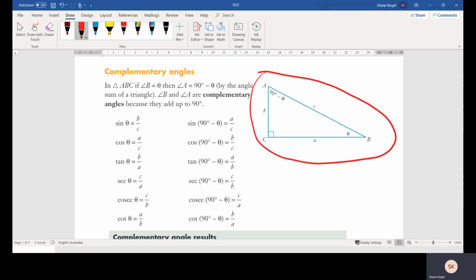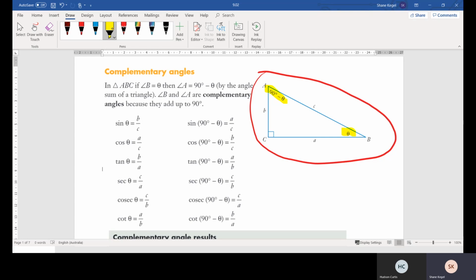We've got angle ABC, side ABC, which, remember, the little letter is always opposite the big letter. And therefore, if we have our angle in our unit circle of theta, and this is a right angle, that's 90 degrees. So theta, or the angle in the bottom corner, plus the angle in the top corner must equal 90 to make sure our triangle equals 180.